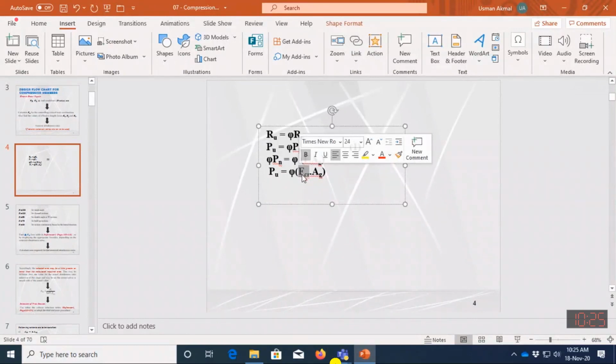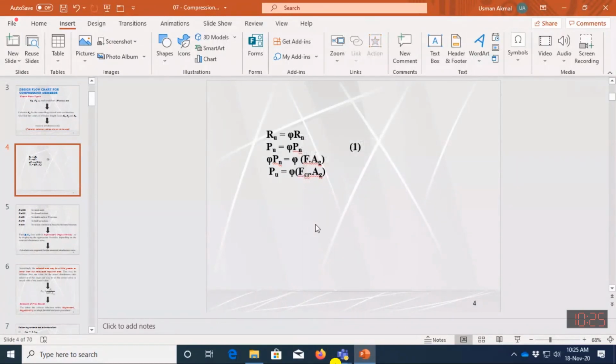And this Fcr value depends upon the cross-sectional properties, which are referred to as the slenderness ratio. So slenderness ratio is equal to effective length divided by radius of gyration, or minimum radius of gyration. So actually we do not know the section. Section is unknown. We have not designed the member.